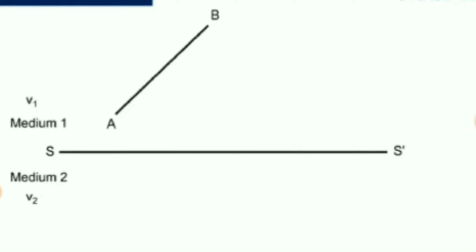Consider a plane wave front AB in medium 1 that is propagating towards the interface SS'. A normal to the wave front in the direction of its propagation gives the direction of the wave. Let A'A be the direction of the wave front AB in medium 1.